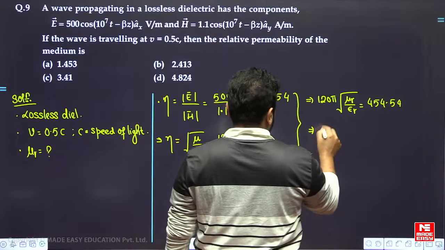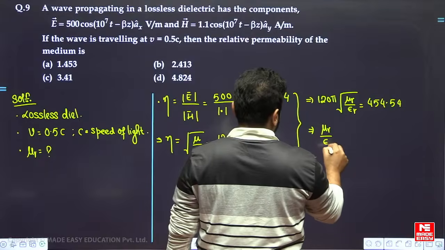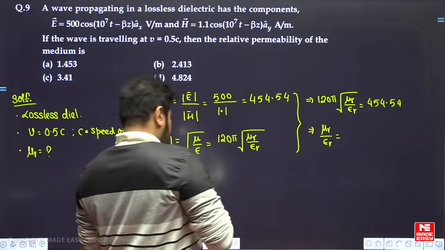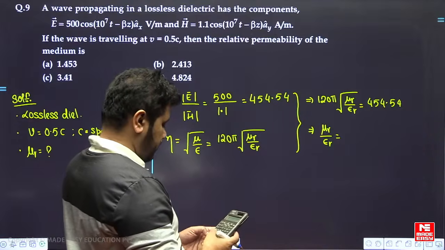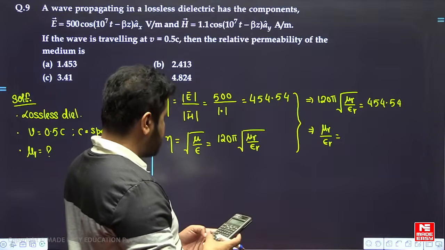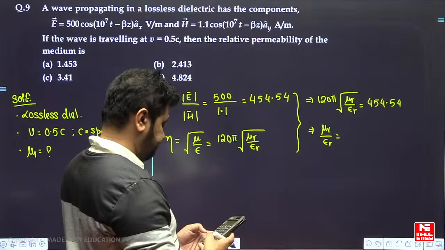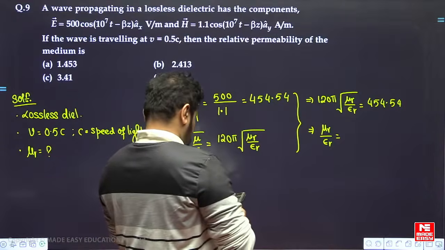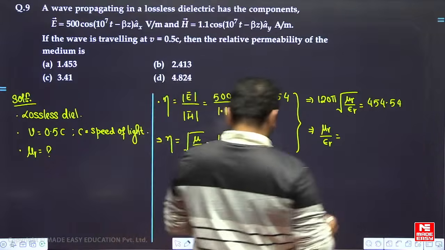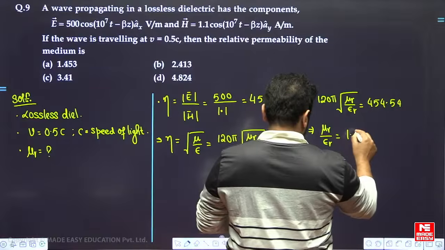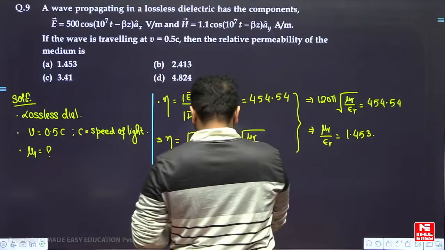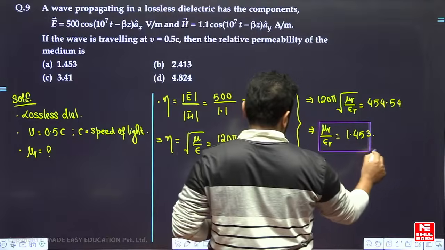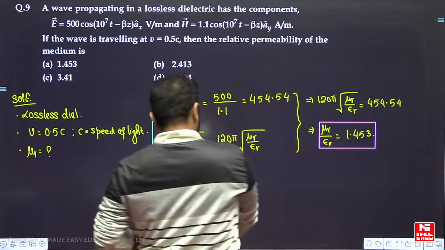So from here I will get the value of mu r upon epsilon r. This is 454.54 divided by 377, whole square. It is coming 1.4536, correct. So this is the value I am going to get for the mu r epsilon r ratio.